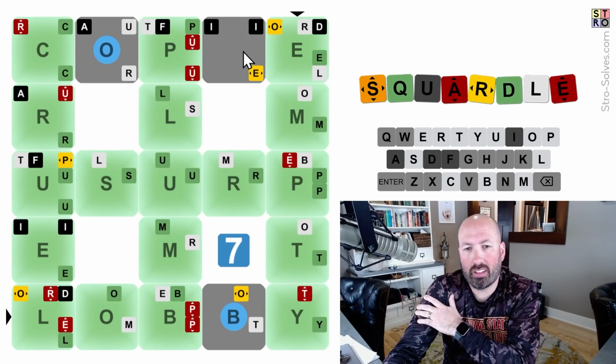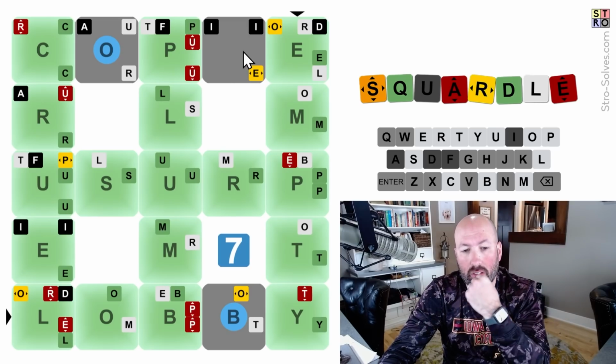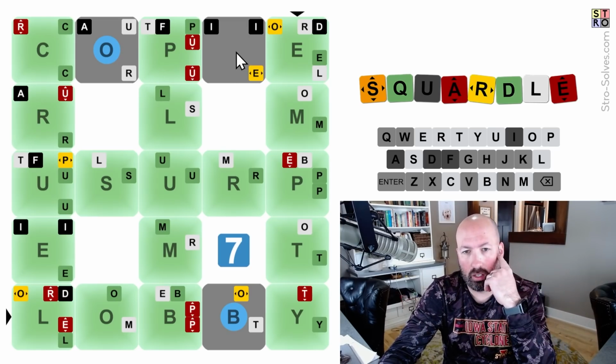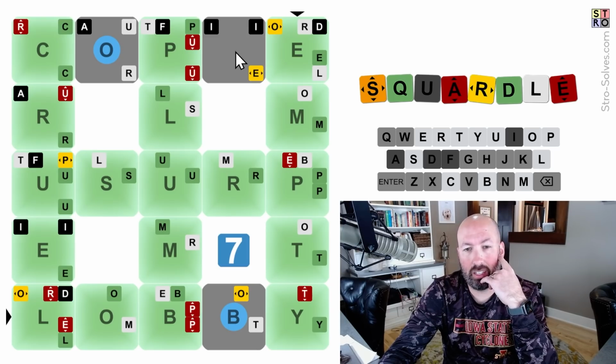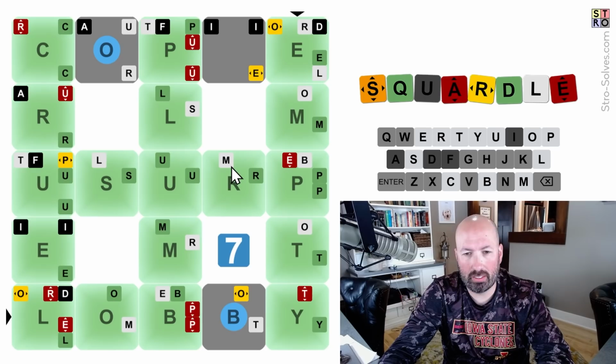So things that sound like they could be words are R, but we can't use an R. Another P, but I don't think that's another E. Oh, it can't be an E. An L? Copal? Can't be an L. Got the white L clue there. Can't be an M.